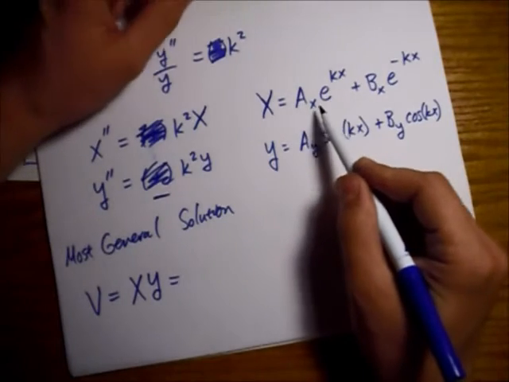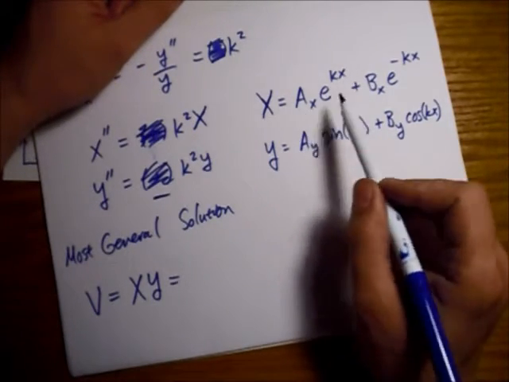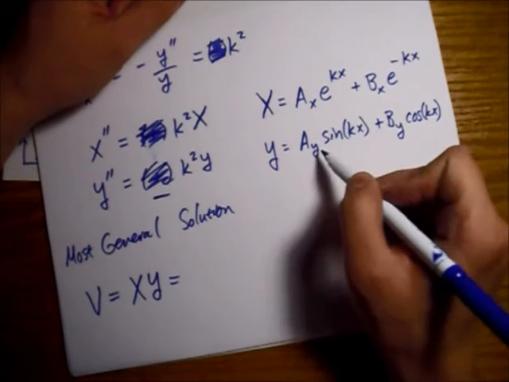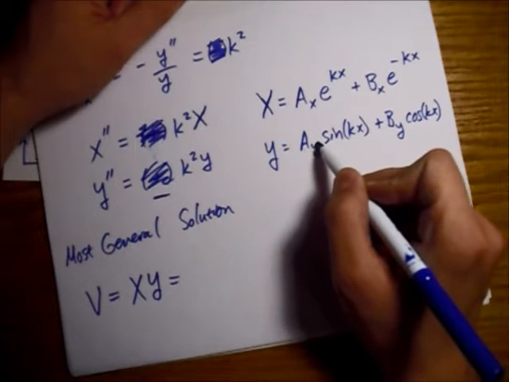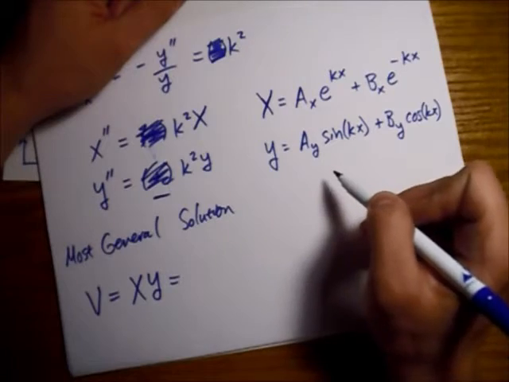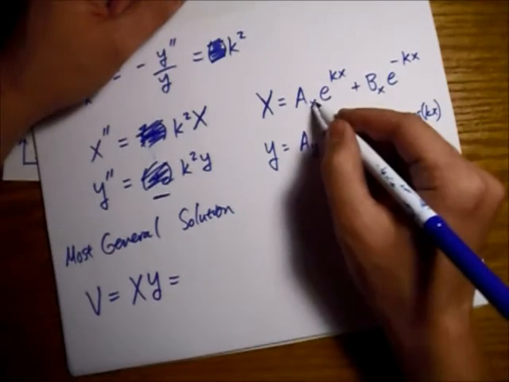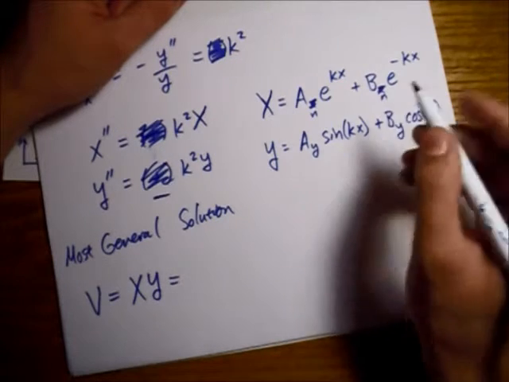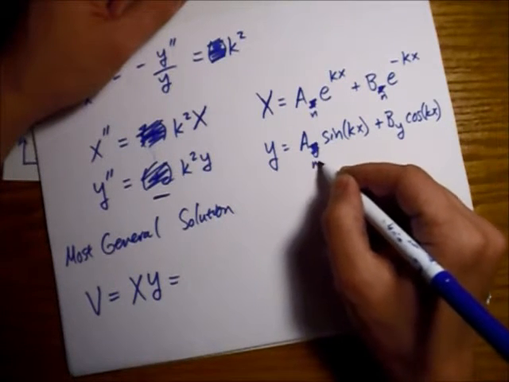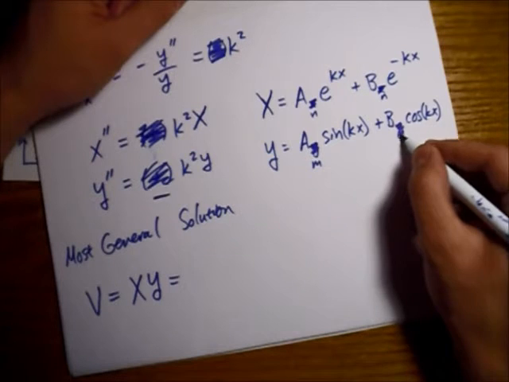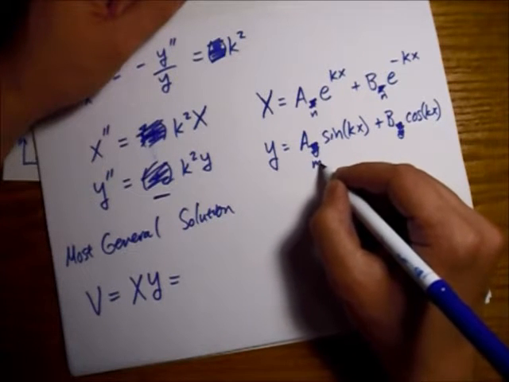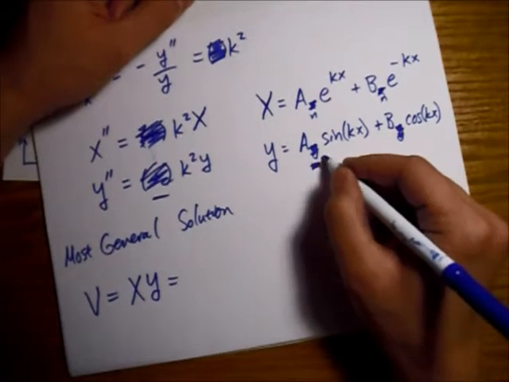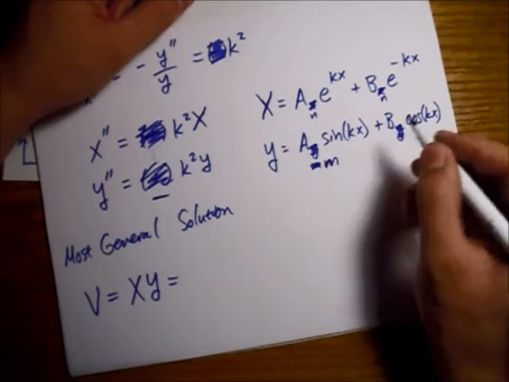But maybe I should have used different subscripts. Let's go ahead and change those real quick. I'm going to change this to n's and this to m's. Well, never mind, let's call them both n. No, we can't, because that would be the same as that.